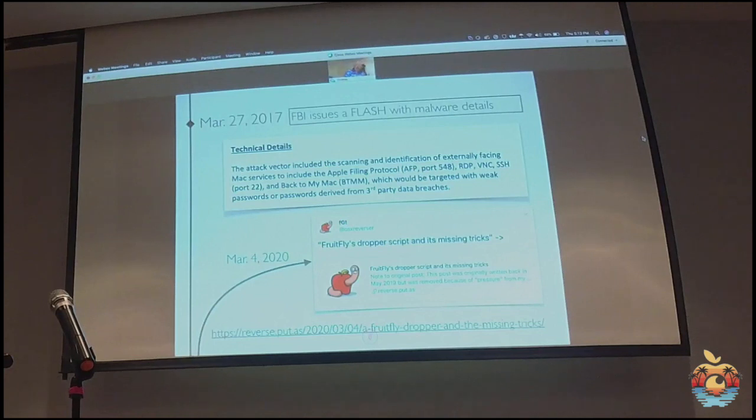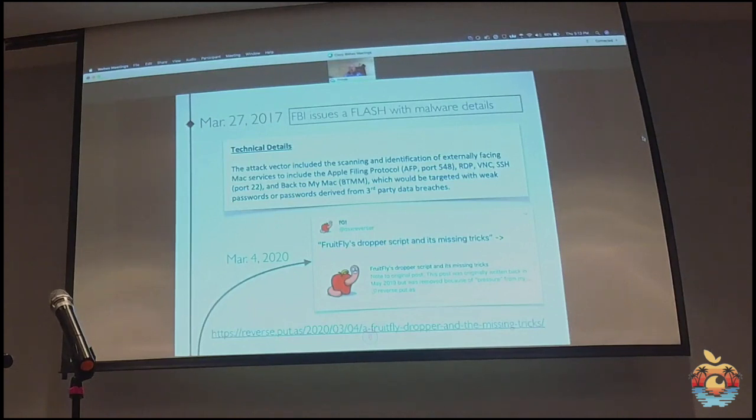And one of the interesting things there was that the flash shared technical details about how the malware got onto the computers. They said that the attack vector included use of weak passwords or passwords that had been leaked by third-party data breaches.